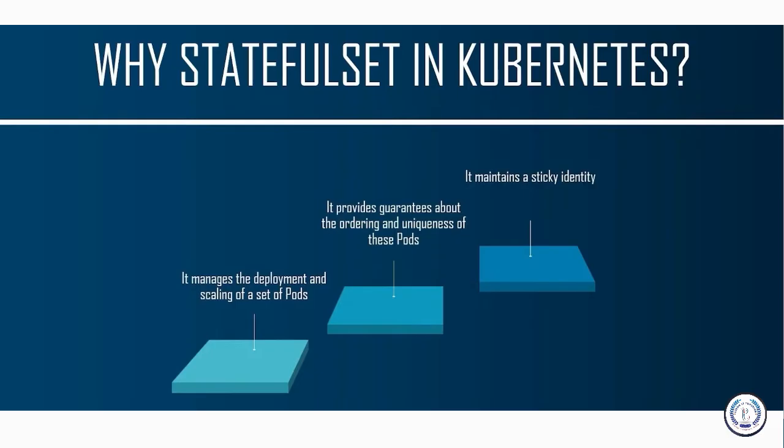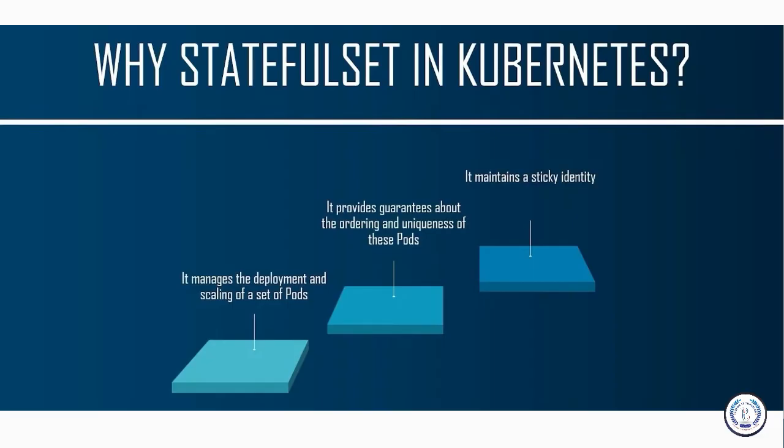Each has a persistent identifier that it maintains across any rescheduling. The persistent identifiers are predictable pod names like mypod-0, mypod-1, instead of hash-based names, with a fixed endpoint or individual DNS name. So when a pod restarts, while the IP address changes, the name and endpoint stay the same.